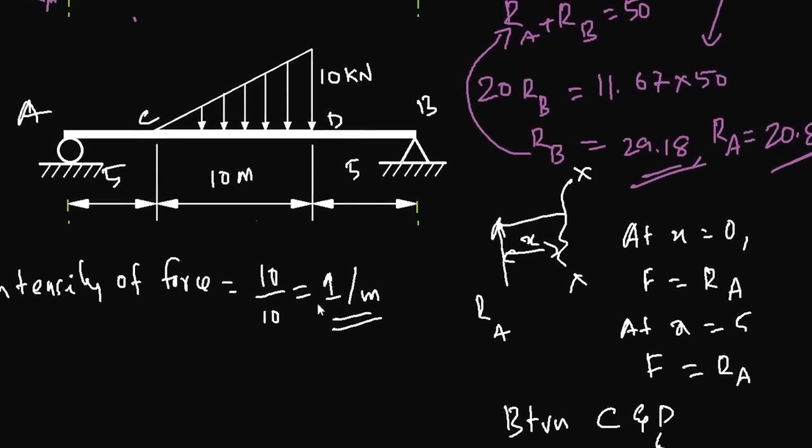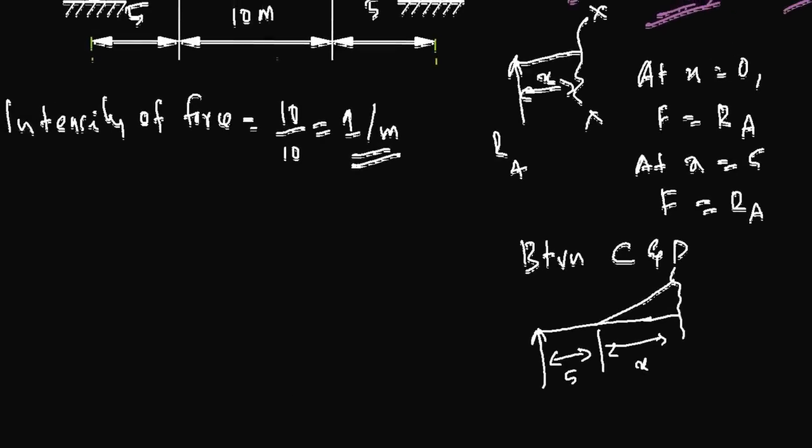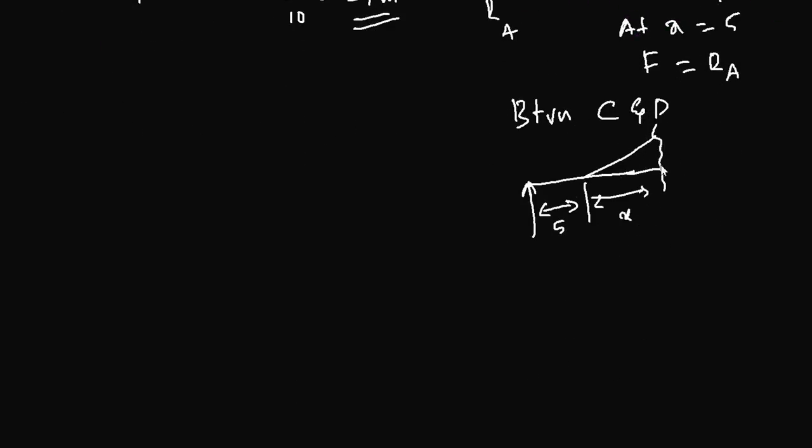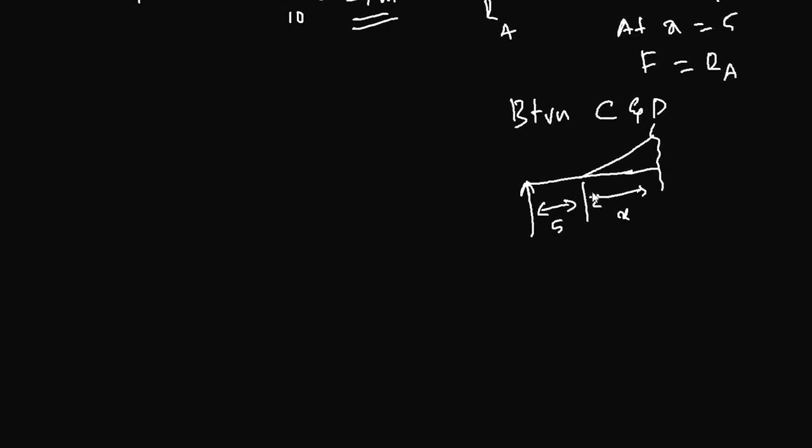For every meter you will have 1 kilonewton increasing. So for x distance, the increase in force will be 1x. So you can calculate the intensity of force at this point, which is at x distance from here. The maximum intensity of force here is 1x, and therefore the area of this triangle can be calculated.